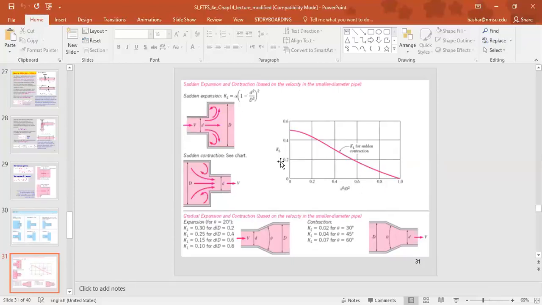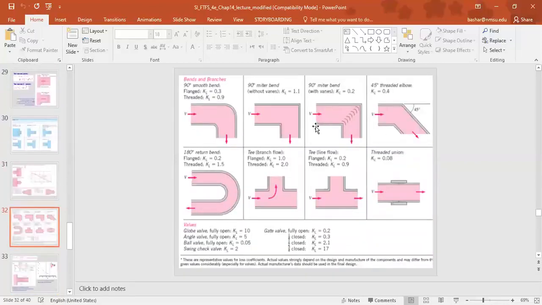In case we have not a sudden expansion or contraction but a gradual one, then we have the loss coefficient given through these two sketches, which is again a function of the angle of gradual expansion or contraction, and the diameter ratio between the enlargement, sorry, and the contraction.